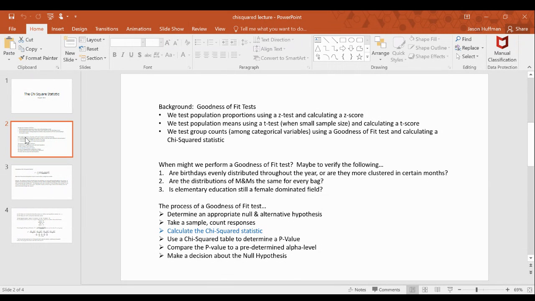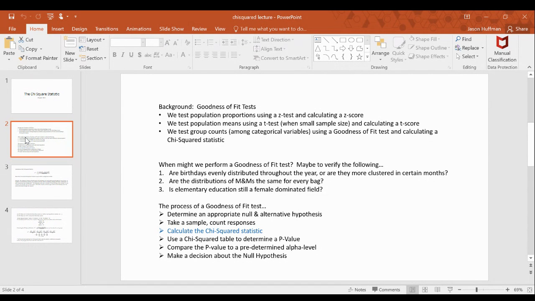We have counts there, but the responses are categorical. We can test those group counts using goodness of fit tests and calculating a chi-squared statistic. So we basically use the chi-squared statistic in the same way that we use a t-score or a z-score.